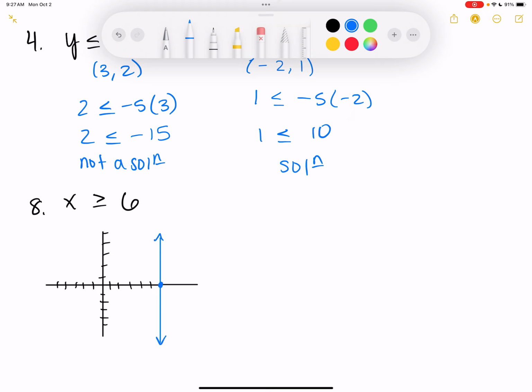Now, it's solid because it's or equal to. And x is greater than or equal to 6, so anywhere that x is bigger than 6, I would shade. So I'm going to be shading over here. Anything in this highlighted area would be a solution, so anything bigger than or equal to 6 would be a solution.